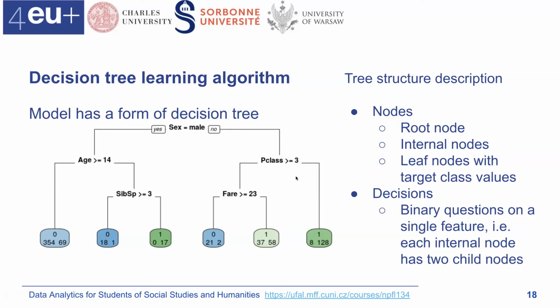Then the system asks a question on the P class, and if her or his class is three, then we ask what was his or her fare, and if it was higher than 23, then the system will predict that the given passenger will not survive.